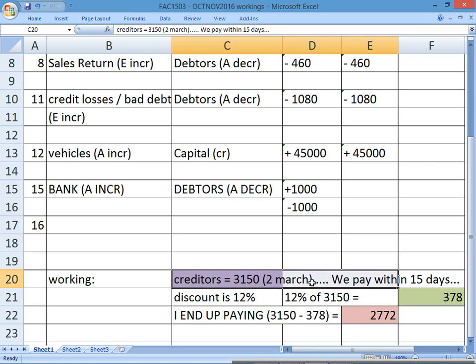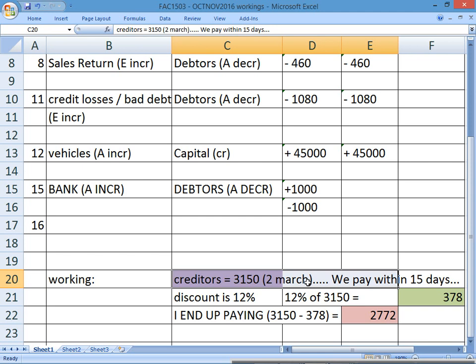Okay? If I'm paying a creditor, now see, this is where you come into it. What happens to the account? First of all, tell me what it is. Creditors is a liability. If I'm paying, what's happening to it?